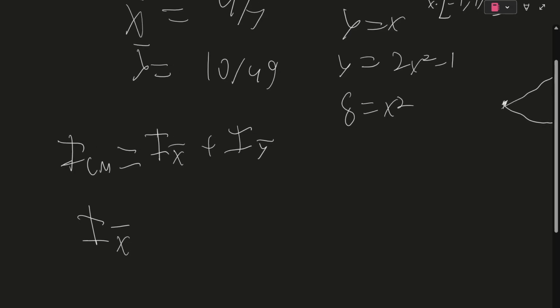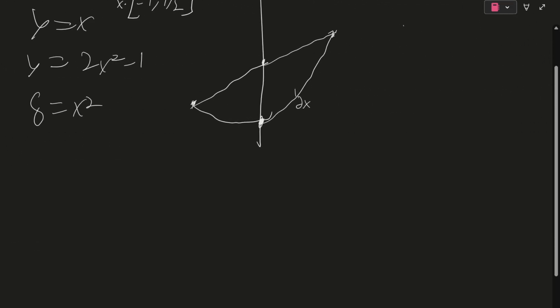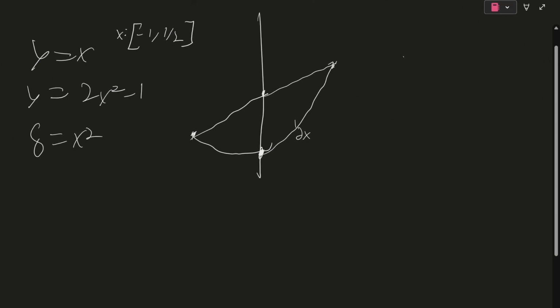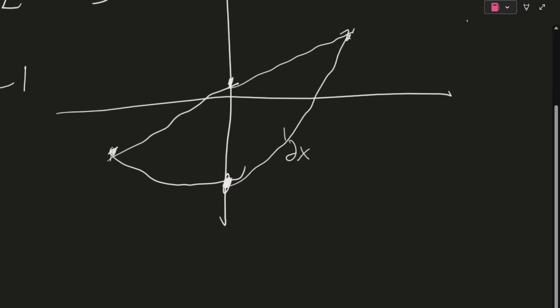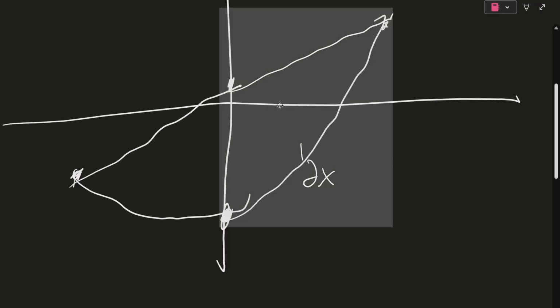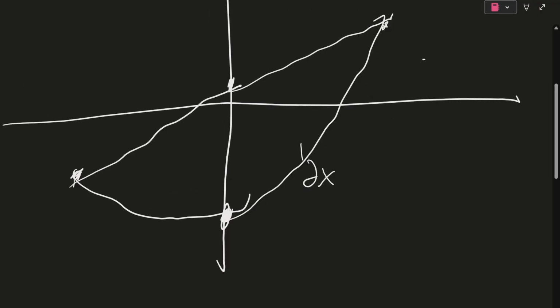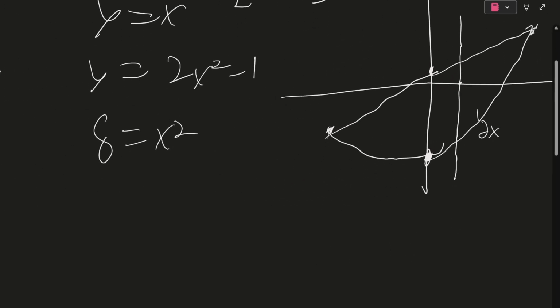And so for our x bar, we think of x is equal to 4/7. So if x is equal to 4/7, this is just a translation of the y-axis over.